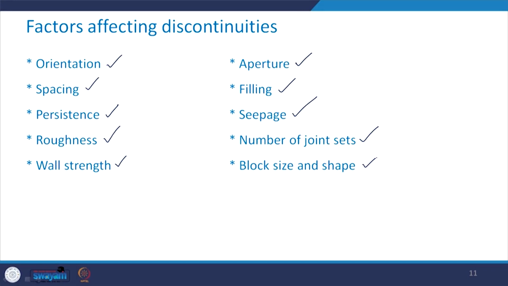We will discuss these one by one in detail, because until the importance of each of these is clear to you, you will not be able to appreciate the need for the classification of rock mass. Plus there are various terms which we will be using pretty often while learning about the classification of rock mass, and therefore it is extremely important for you to know what those terms mean.